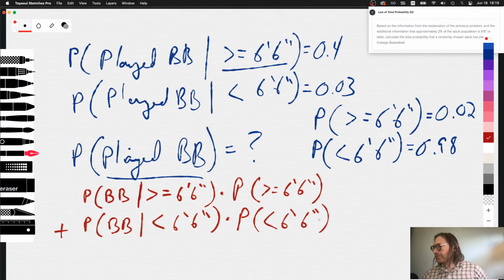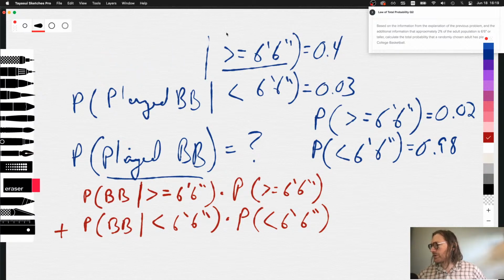And so if we were to fill these in, and maybe I'll just make a little more space for myself up here. So I'll continue up here.